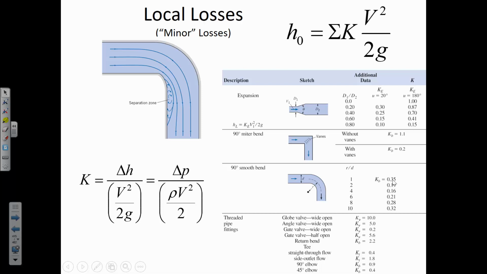So we've already talked about the difference between, for instance, a 90-degree miter bend, and how if you have the vanes there, that can help aid the transition as the water is flowing around a corner and really reduce the K value and the energy loss that's experienced compared to if there is a 90-degree bend that doesn't have the vanes. Now, one thing that we didn't talk about in a lot of detail was, in the case of expansions, how the ratio of the diameters affects the K values.